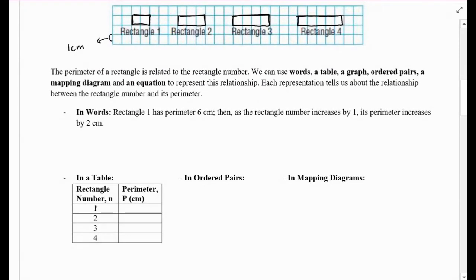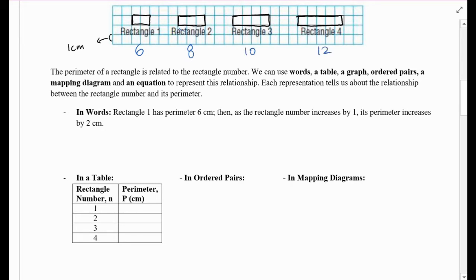The rectangle number n is 1, 2, 3, 4. And the perimeter here: this is a 6. And this is 8. Perimeter is 8: 3 plus 3 plus 1 plus 1. So it's 8. And the perimeter here is 10 and 12.